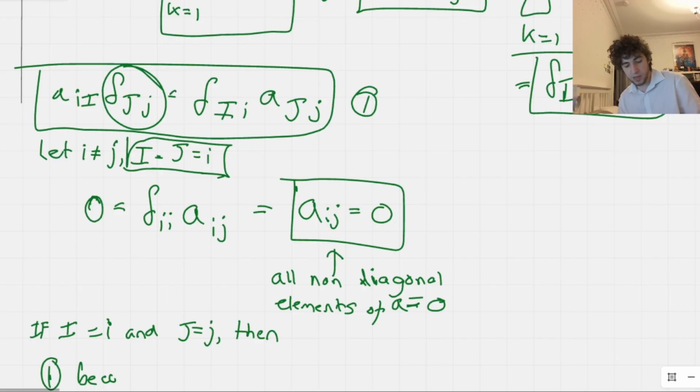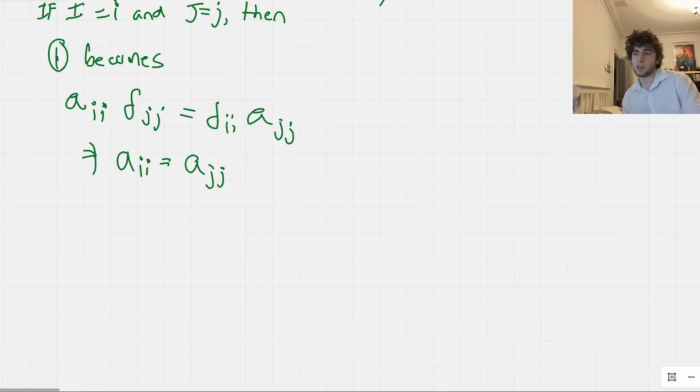So that's 1, and that's equal to delta_i a_jj. Sorry, a_jj. And so this implies that a_ii is equal to a_jj. This is true whether or not i and j are equal to each other.